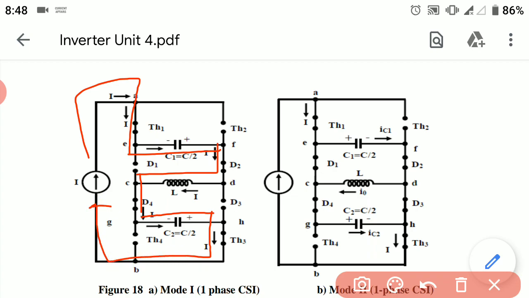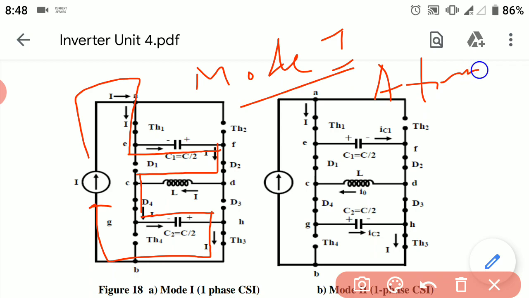So this will be the current flow in mode 1 at time t equal to 0.